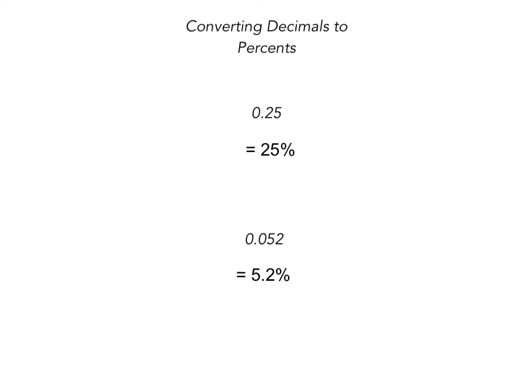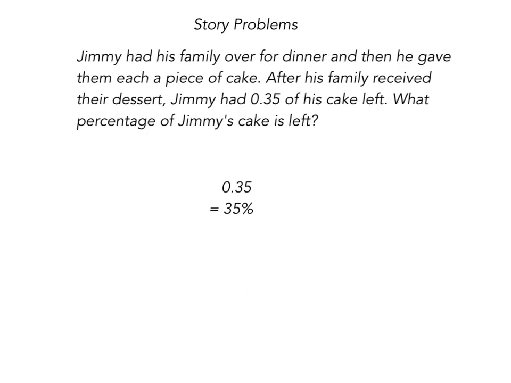So we move the decimal point 2 spaces to the right, creating a percentage of 25%. Next, we will convert 0.052 into a percentage. We move the decimal point 2 spots to the right, creating a percentage of 5.2%.